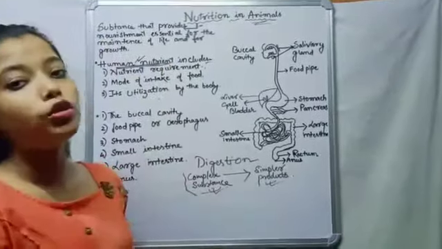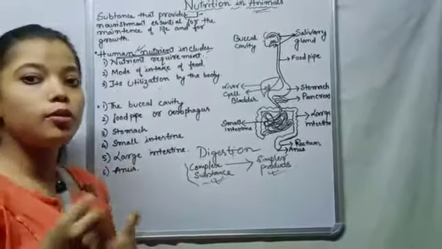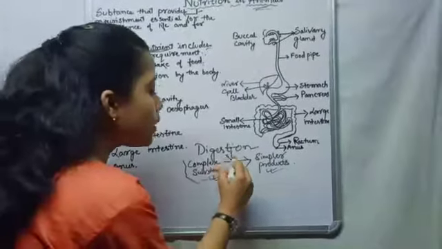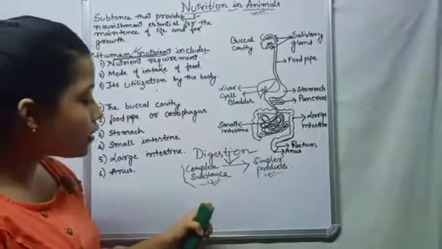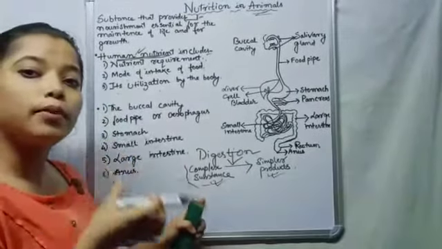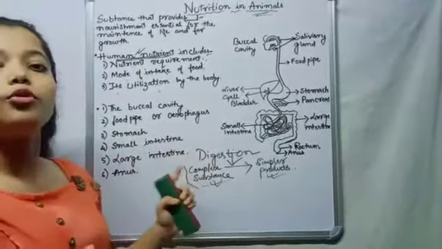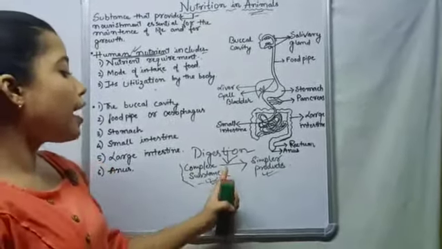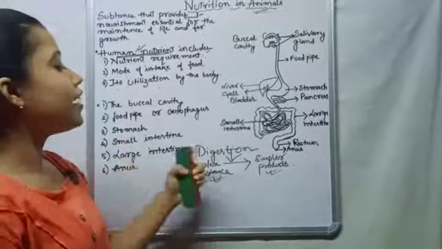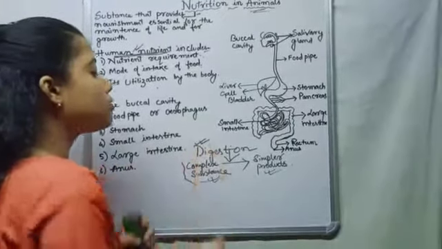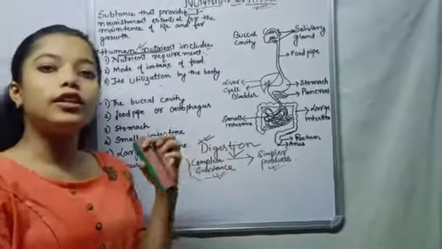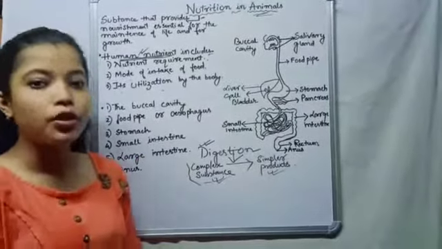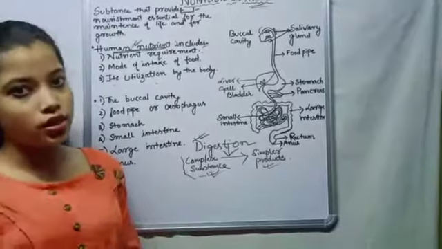So digestion can also be defined in another way: the conversion of complex substances into simpler products is known as digestion. Another question may arise: why is digestion required? In order to absorb the food that we are taking in, the process of digestion is required.